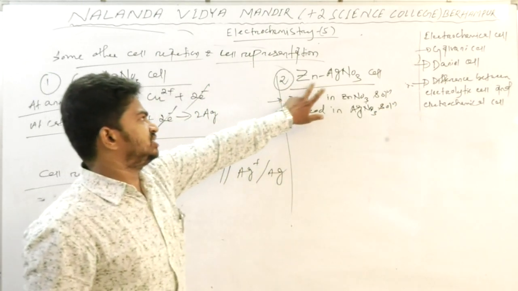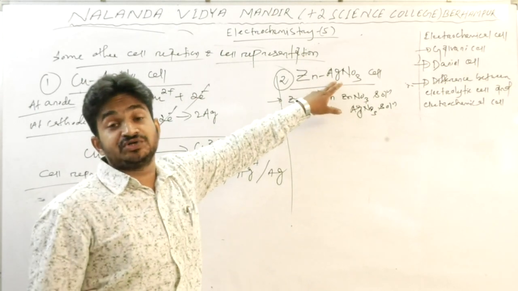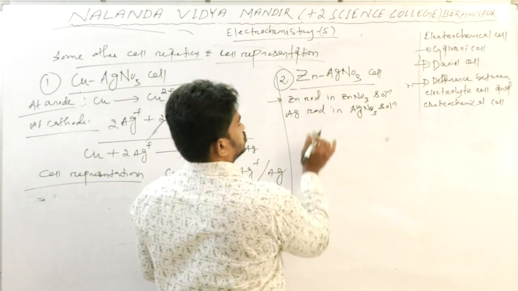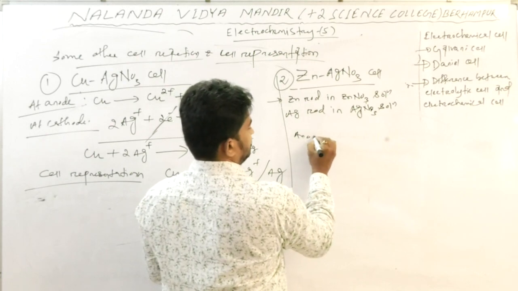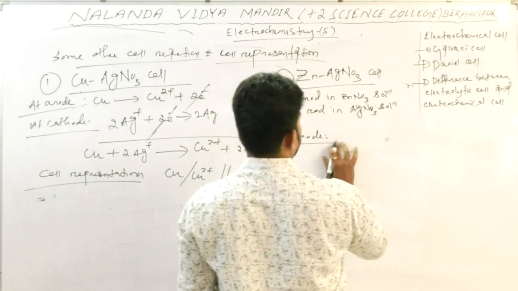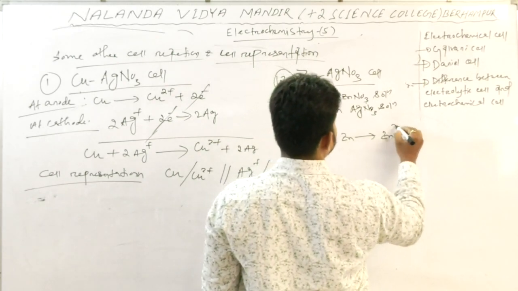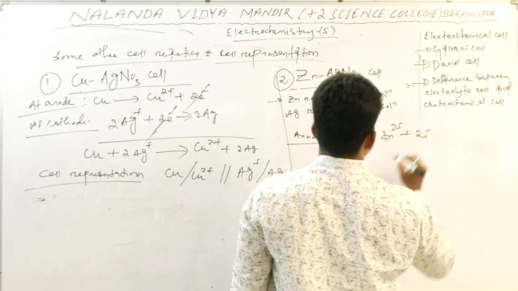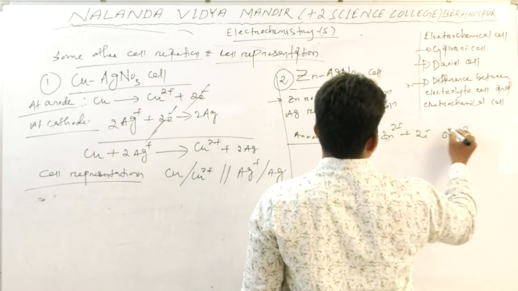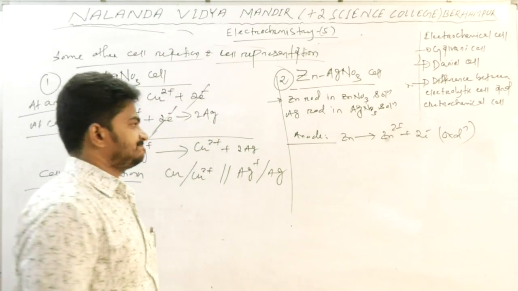So in these two electrodes, zinc and silver, which is more reactive? That is zinc. So at the anode, zinc will have an oxidation reaction, losing 2 electrons to give zinc 2 plus. Oxidation occurs at the highly reactive metal.